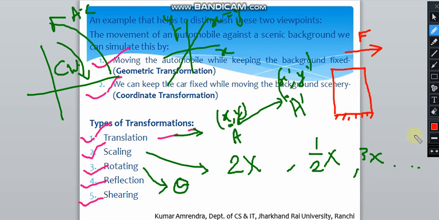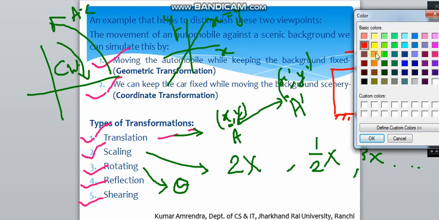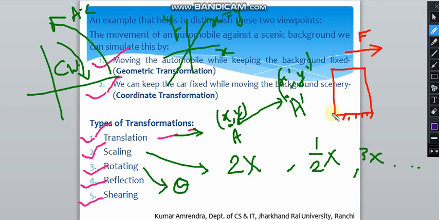So after shearing, what will the image look like? After shearing, this image will look something like this. This face is fixed and this face will move along the x axis.